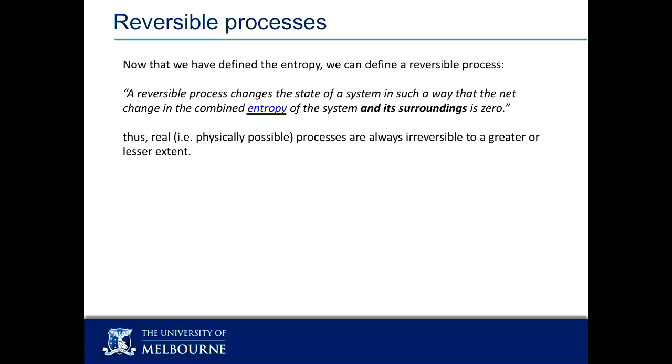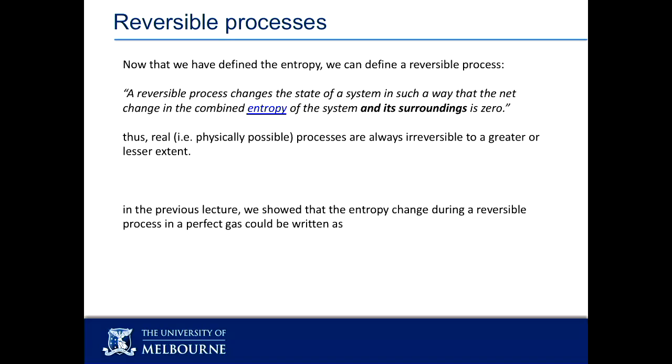Now you can map that out, you can describe that in words, and it seems to make sense, but it also plays through in the concept of entropy and what the entropy changes are between state 1 and state 2. So all physically possible processes are always irreversible to a greater or lesser extent, which leads us to wonder why we're dealing with the idea of a reversible process in the first place.